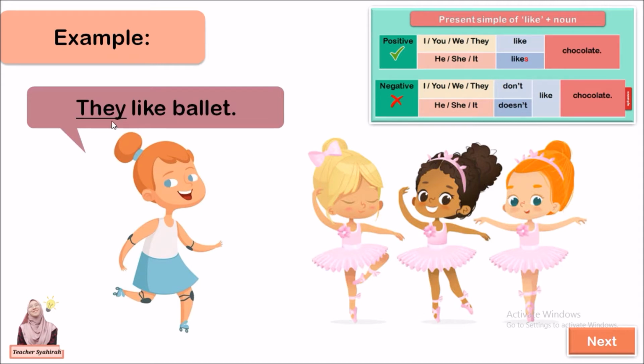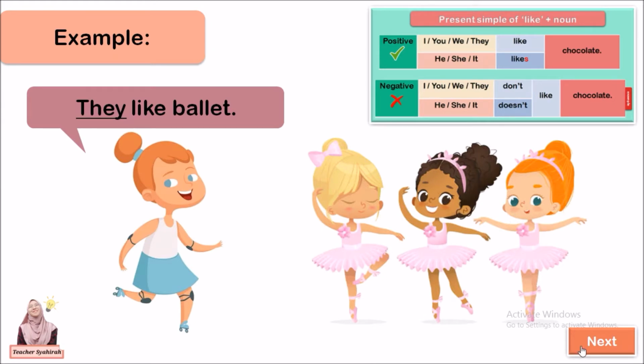They like ballet. So now they, we use, which one is they here? They like, no S. They is mereka, this one. It's referring to these three girls.